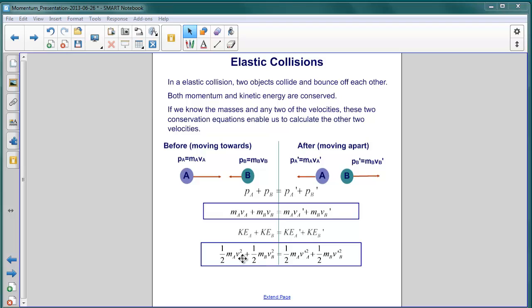So those together give us our kinetic energy prior to the collision. A similar sum expresses the kinetic energy after the collision, where we've just substituted v prime for v in both cases to signify the velocities have changed after the collision.